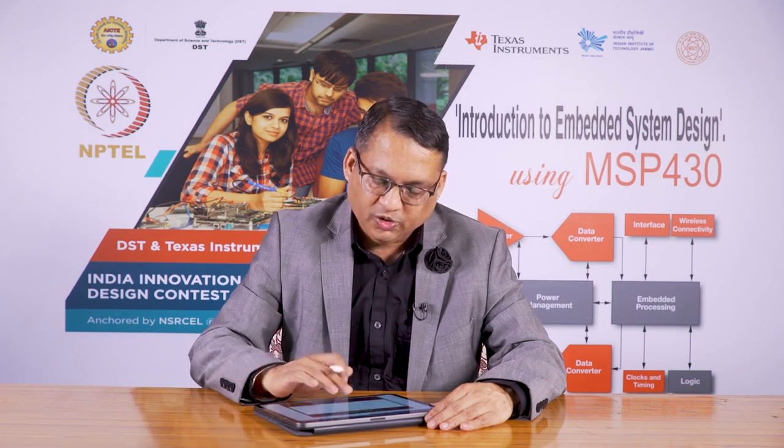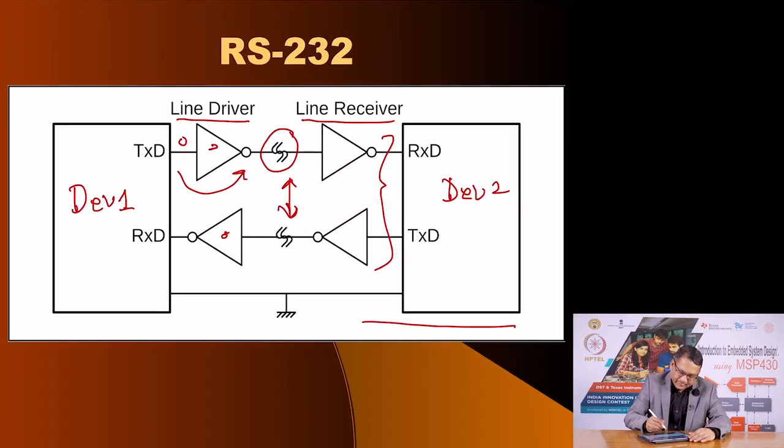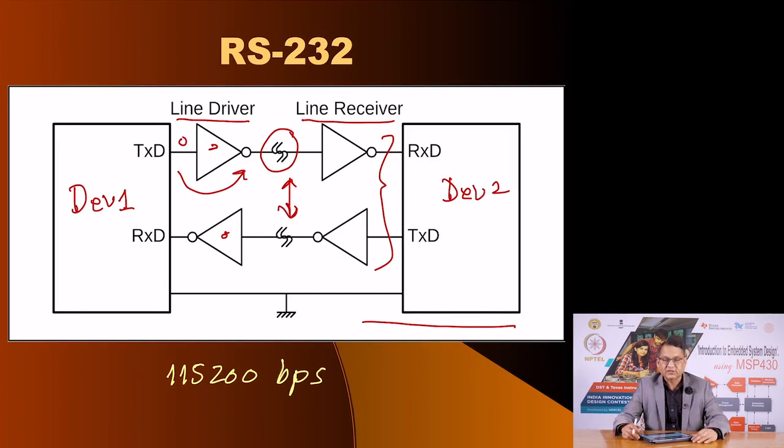Using this method, you can have standard baud rates going up to 115,200 bits per second. You can have the distance between the transmitter and receiver to few tens or hundreds of meters.